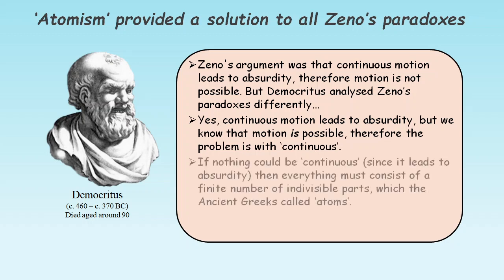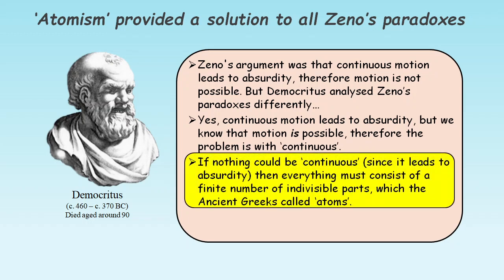But Zeno's paradoxes could easily be solved if motion was not continuous. And since the concept of continuous leads to absurdity, Democritus concluded that nothing could be continuous, and everything must consist of a finite number of indivisible parts, which the ancient Greeks called atoms.